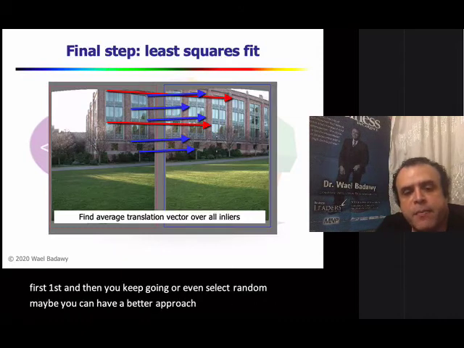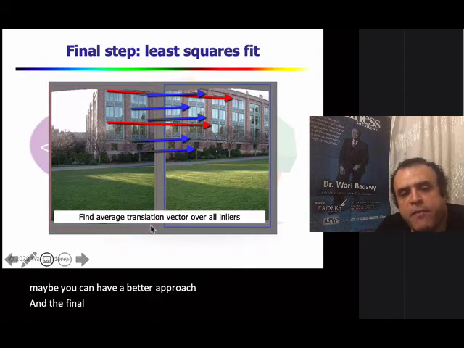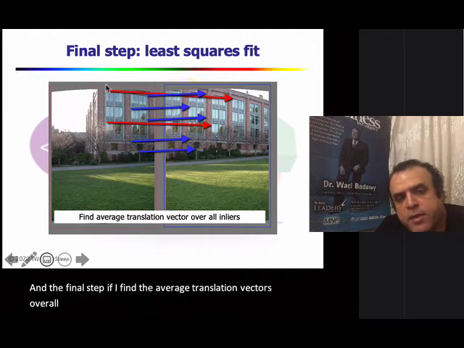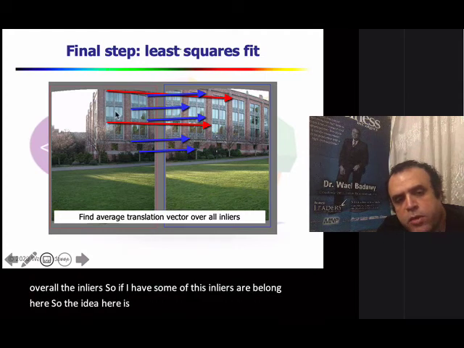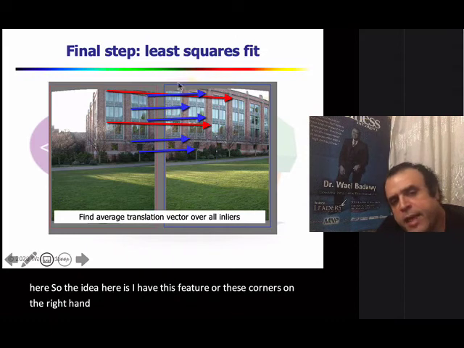And the final step: I find the average translation vector over all the inliers. The idea here is I have these features or corners on the right hand, and then on the left hand, and then I look at the matching.